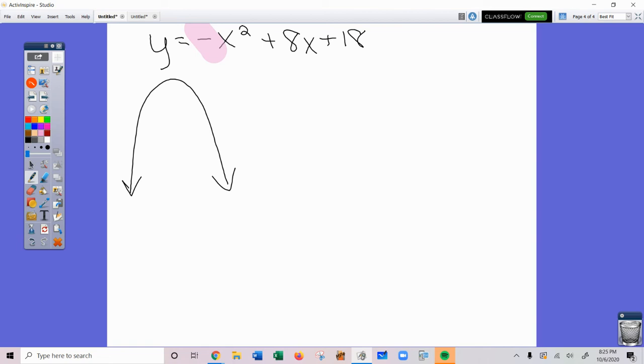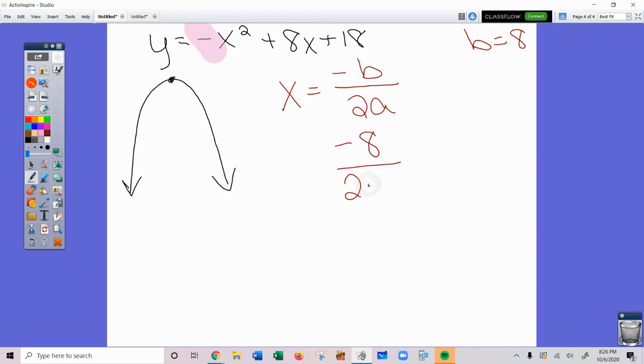So we can calculate this vertex, this maximum, by starting by calculating x equals negative b over 2a. What does b equal in this problem? Right, b equals 8. So we'll say negative 8 over 2 times, what does a equal in this problem?